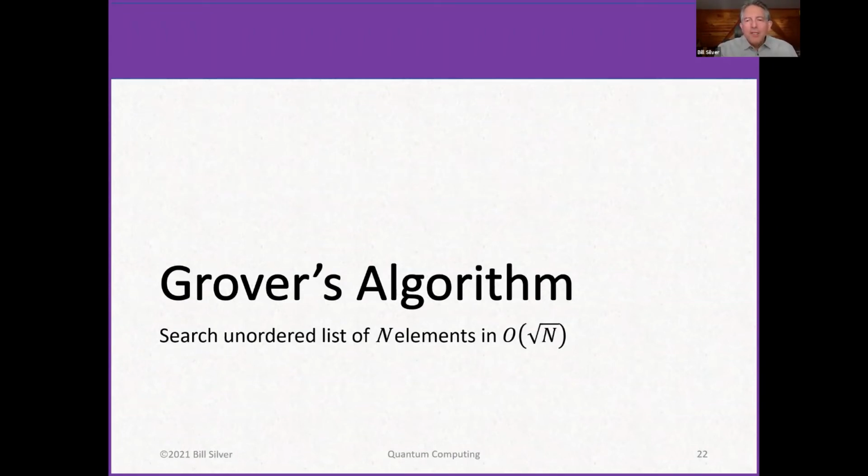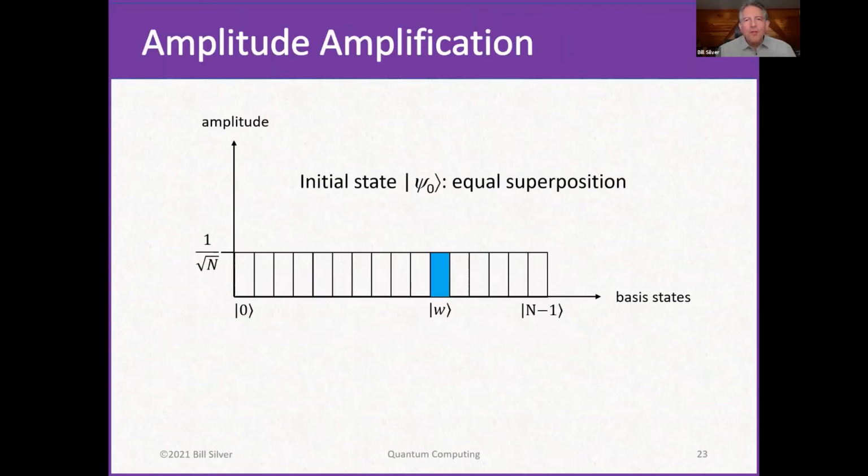So how does this work? All right, it's kind of a remarkable conclusion. It works by a process that's called amplitude amplification, which is, again, something that's commonly used in a quantum computer. So let's say that we start with an initial quantum state where all of the components are in equal superposition.